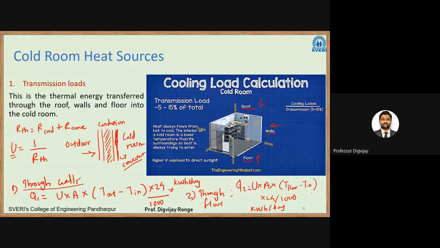Okay, so write down these two formulas, because I will give some dimensions, and then we have to design this system for this cold room. So for that you have to write these formulas.